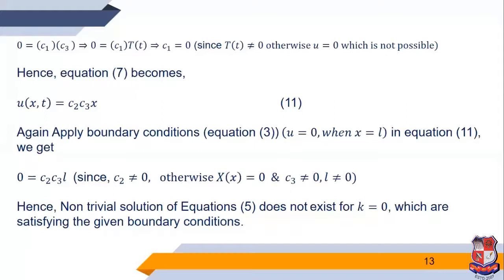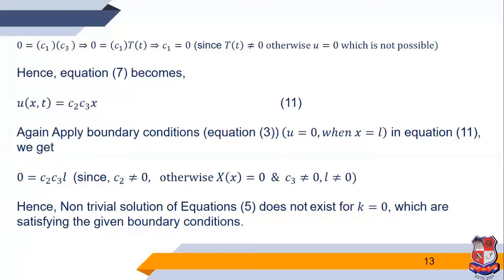So generally, first we apply the separable variable method to the one dimension heat equation. We get three different solutions: for k greater than 0 we get one solution u(x,t), then k less than 0, and k equal to 0. Now, in each case, we also apply the boundary condition.